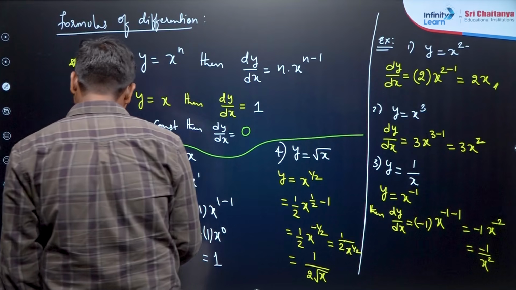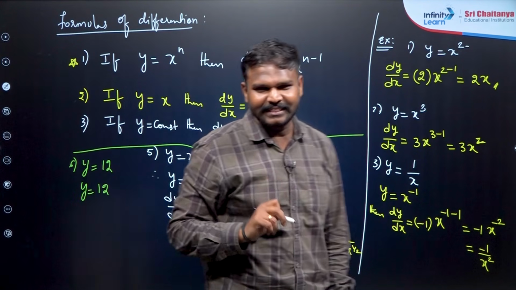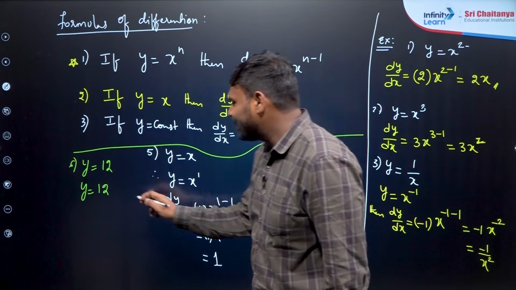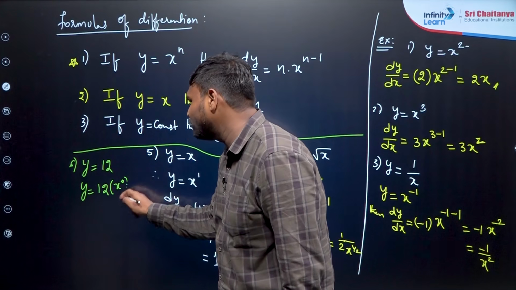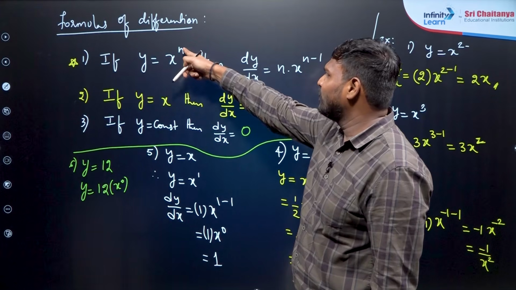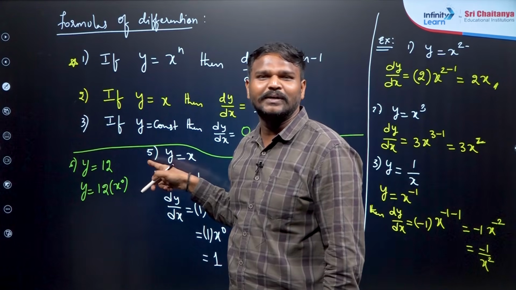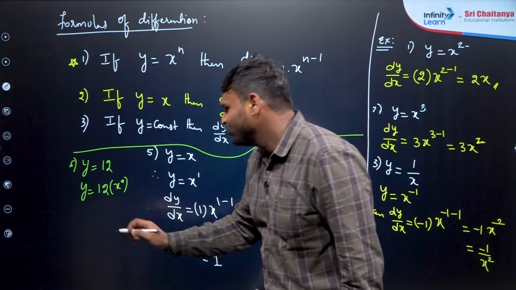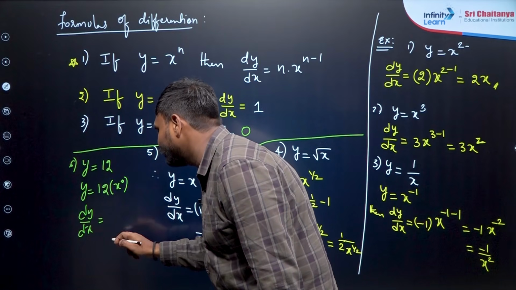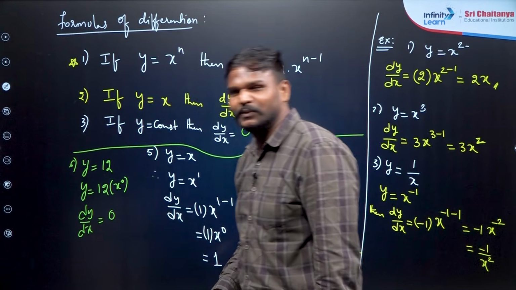Because we can write it as 12 into x power 0, there is no independent variable. And if the power is 0, after the derivative we will multiply n into x power n minus 1. So 0 into x power 0 minus 1, anything multiplied by 0 is 0.